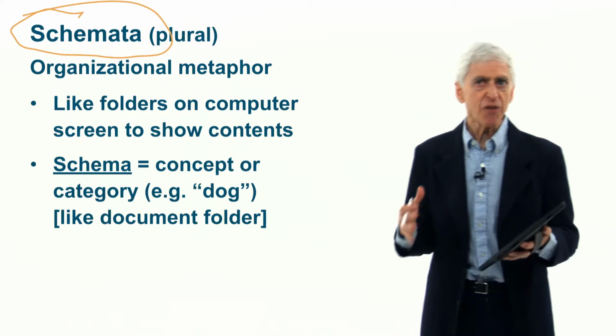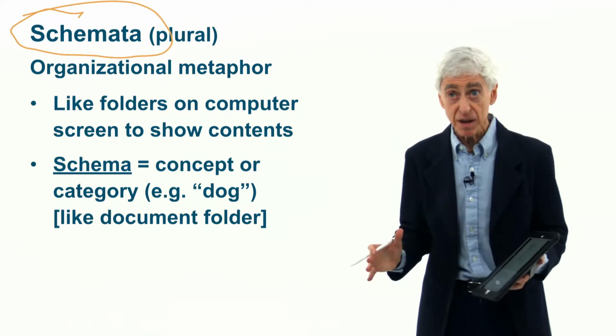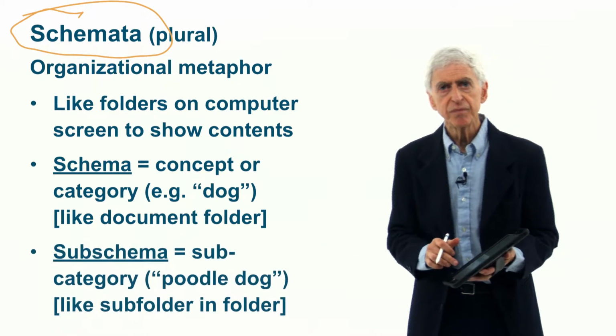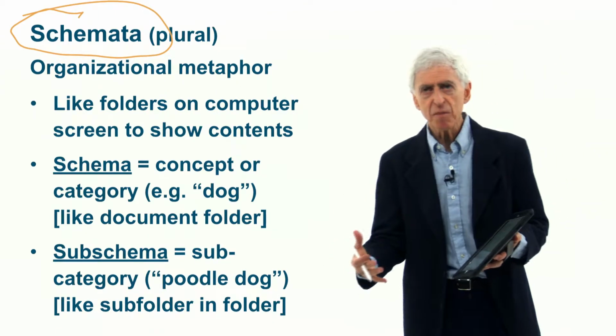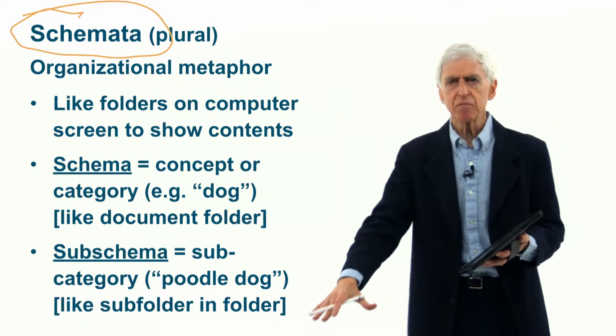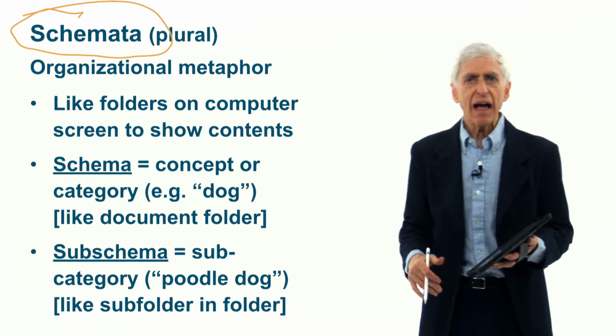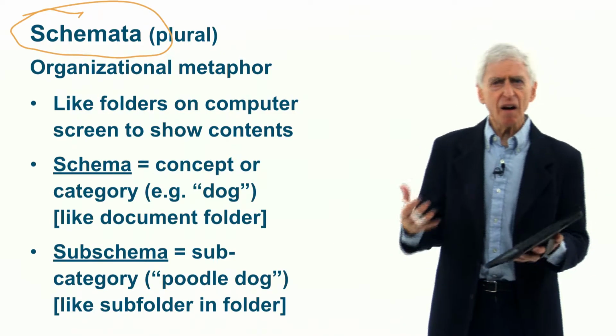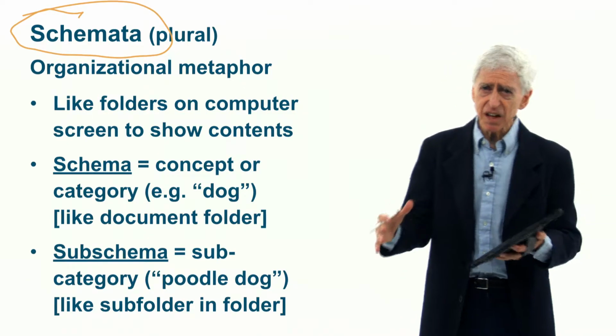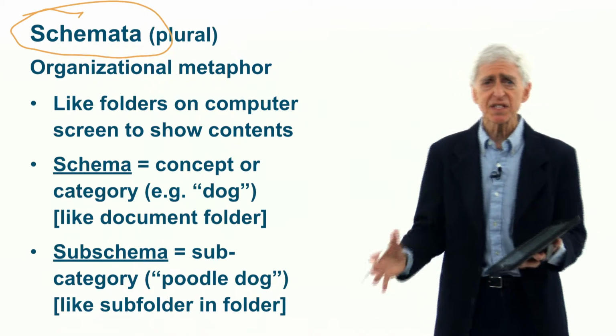And at first that folder was a very primitive folder. And then perhaps the first dog I ever met was a great big black lab. And that was dog to me.